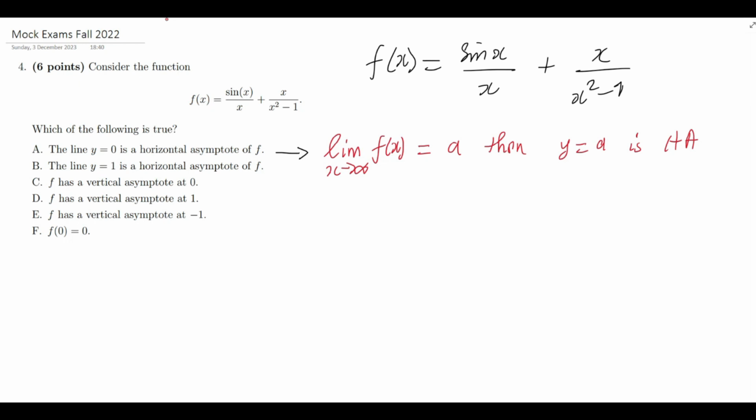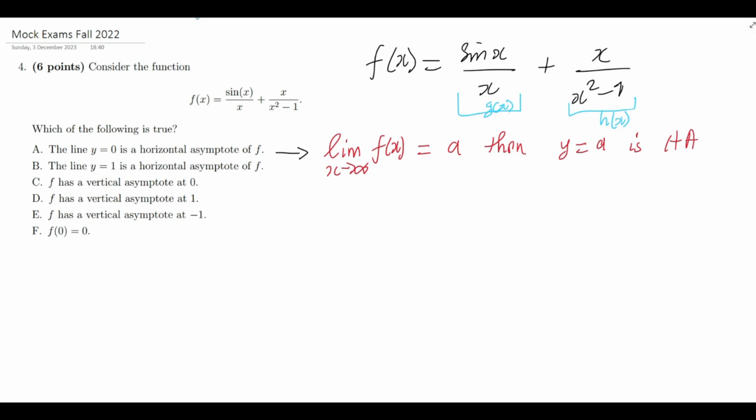So we are going to apply it here, meaning that we're going to check the limit. Since there are two functions, let's consider the first function. We can call this function g of x and call this function h of x. It is easier to compute them separately like this.